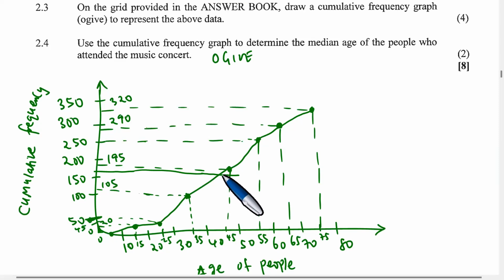And then you use your ruler, drop down like this.